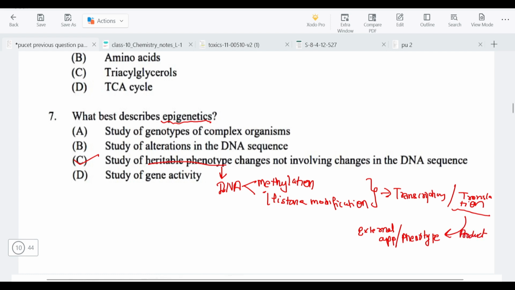Our hair could be gray or black. These are due to translation, and translation is under the control of epigenetic mechanisms, right?